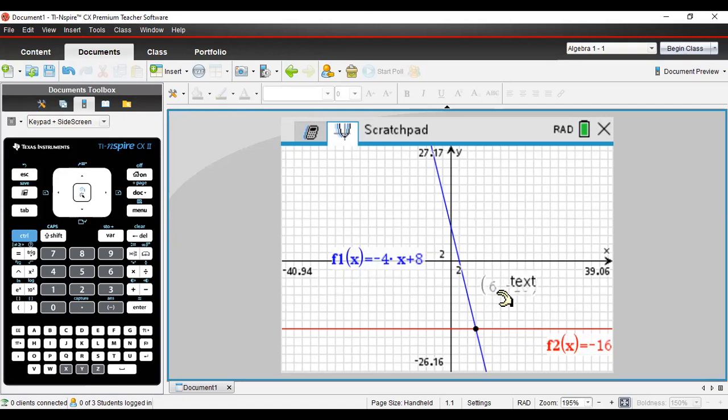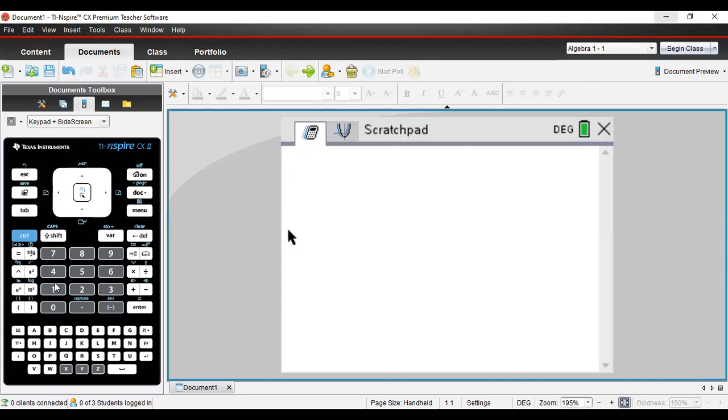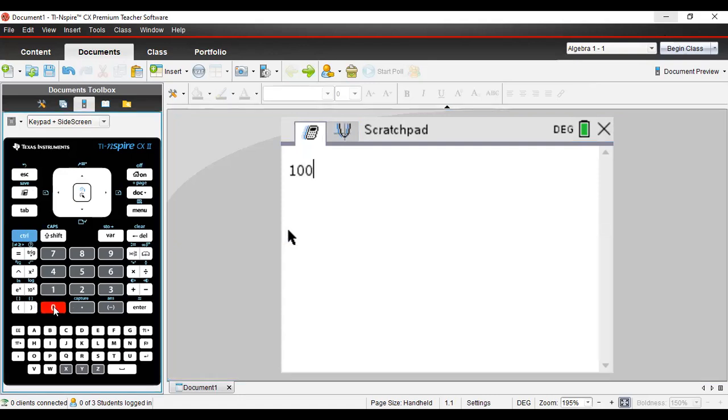But the question is, is this going to be less than or equal to 6, or is it going to be greater than or equal to 6? So let's figure it out. We're going to go to the calculator. We're going to store 1,000 into X. And then we're just going to key in the inequality.